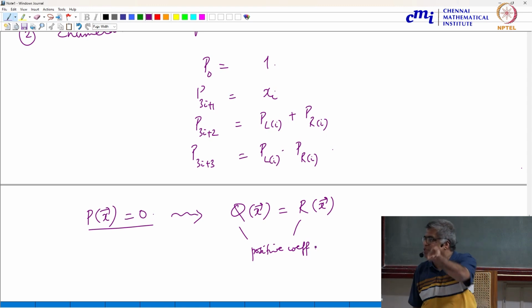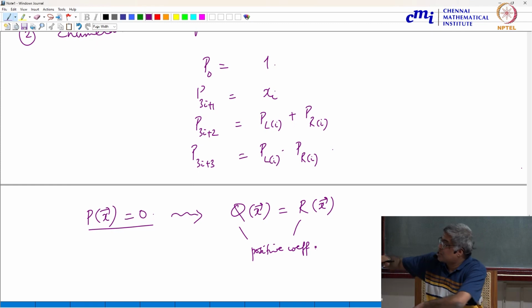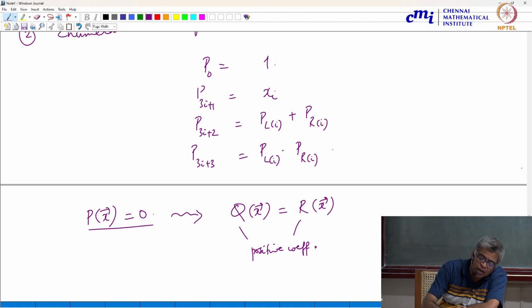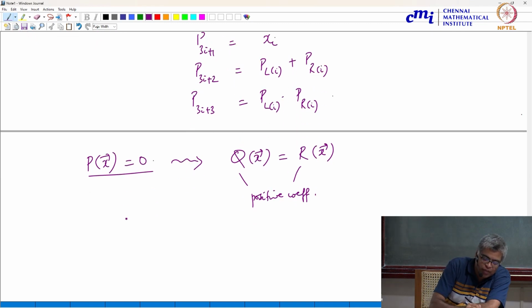This is trivial, right? You just switch sides whenever you see a negative coefficient. And I just told you that any Q that has only positive coefficients will appear in that list somewhere. Okay, so there is an i and a j.